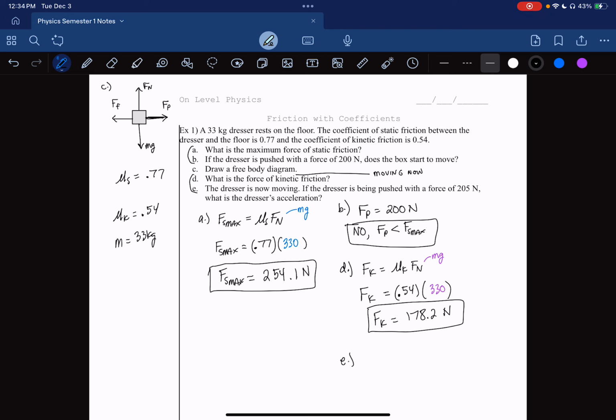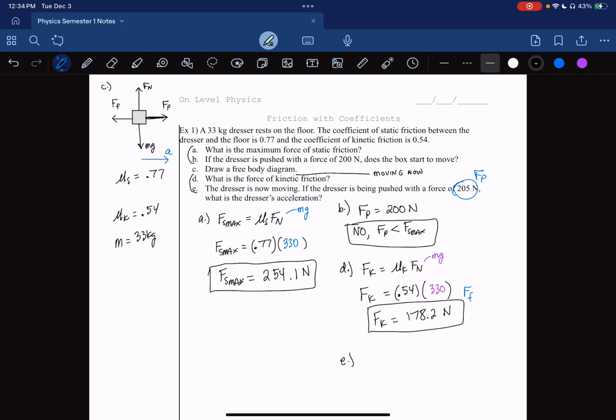And so finally, the dresser is now moving. If the dresser is being pushed with a force of 205 newtons, what is the dresser's acceleration? So I'm looking here at the free body diagram. It's going to accelerate in this direction. We're going to use our pushing force of 205. And when it's moving, that's kinetic friction, it's not static friction, so we'll be using Fk as our friction force.